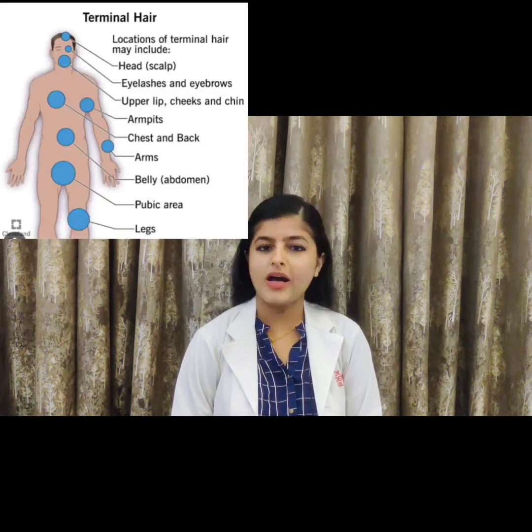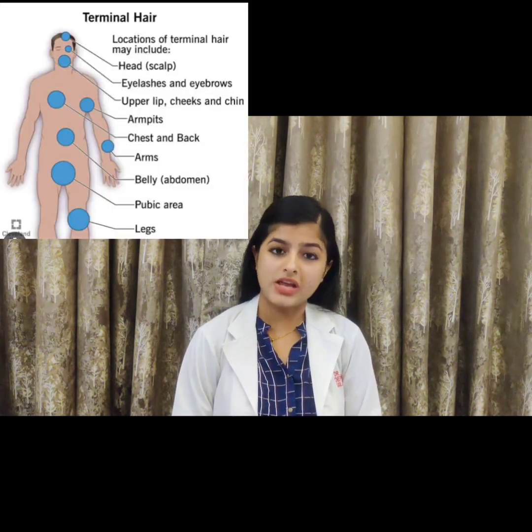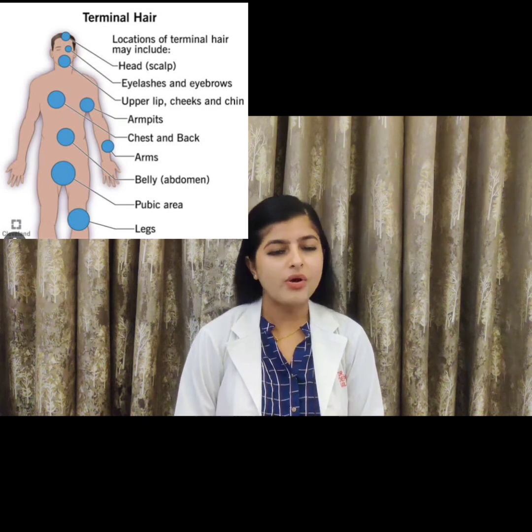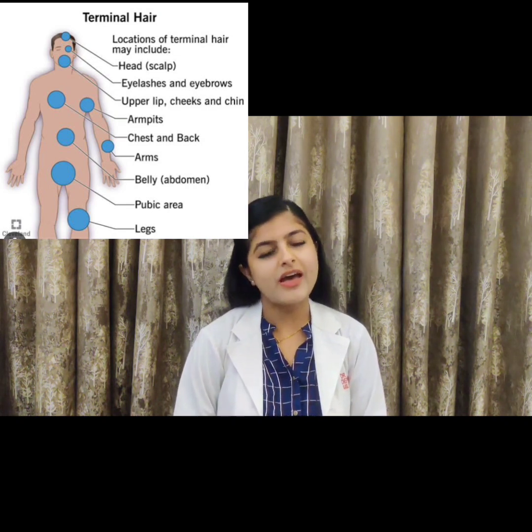Whereas terminal hairs are longer, coarser and with variable pigments, with more than 0.06 mm in diameter and more than 1 cm in length. The terminal hairs are present on the scalp, eyebrows, facial hair or the mustache, the axilla, groin or pubic area and the chest areas.